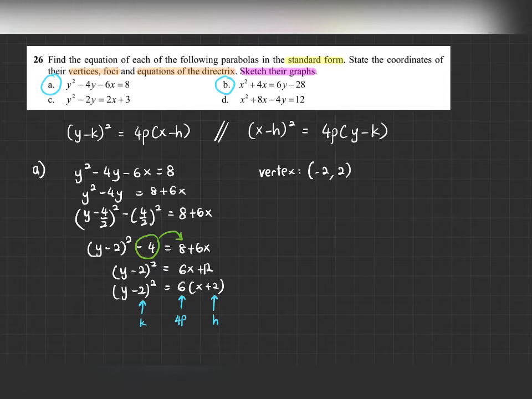Based on our p, 4p = 6, so p = 6/4, which is 3/2. Our p is positive, more than 0, so it will open to the right.